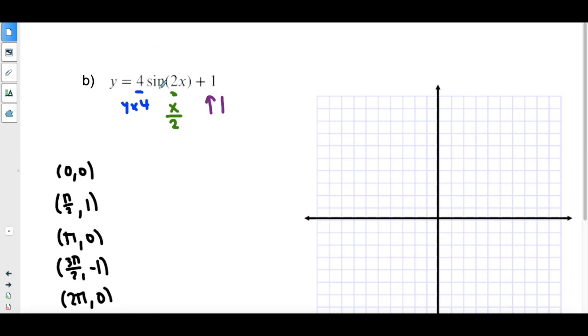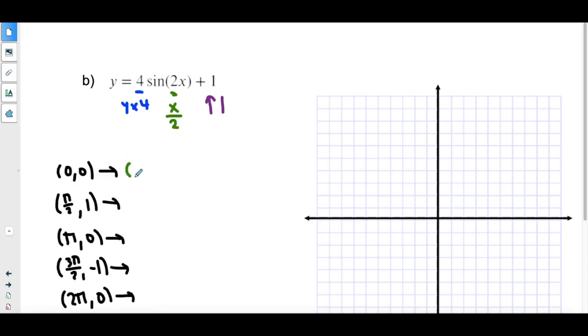Now, we can apply these different transformations to my original points, and that will give me my new points on the graph. First, we're going to multiply our y values by 4 and divide our x values by 2.